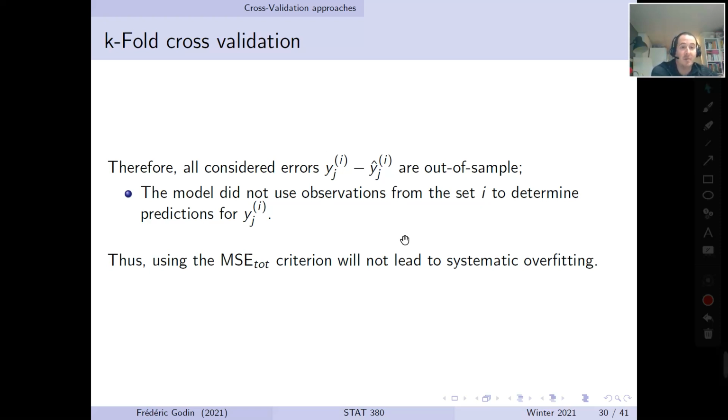Because of that, using the out of sample mean square error as the quantity to be minimized when deciding on your model or selecting the suitable amount of flexibility for your model will not lead to overfitting. Contrary to training MSE, where the most flexibility would clearly always lead to the smallest mean square error.